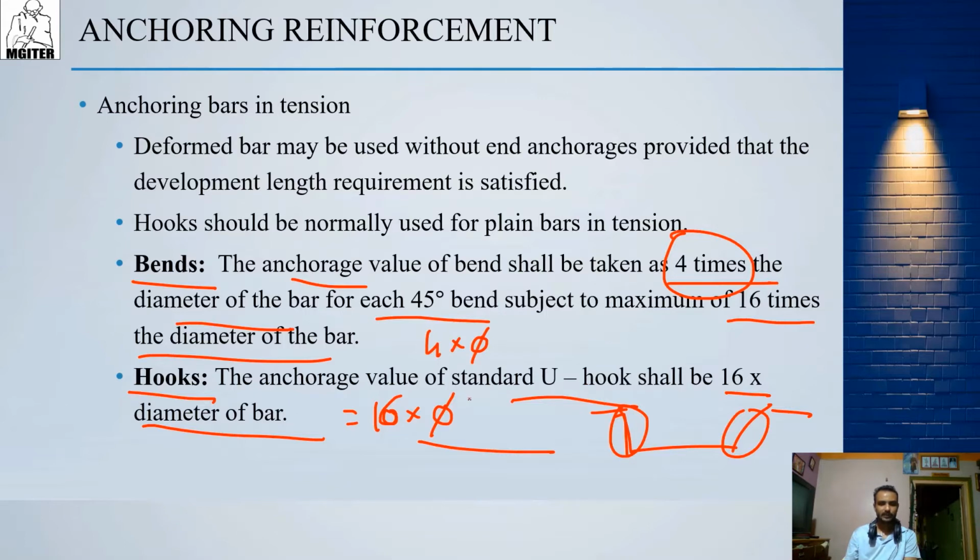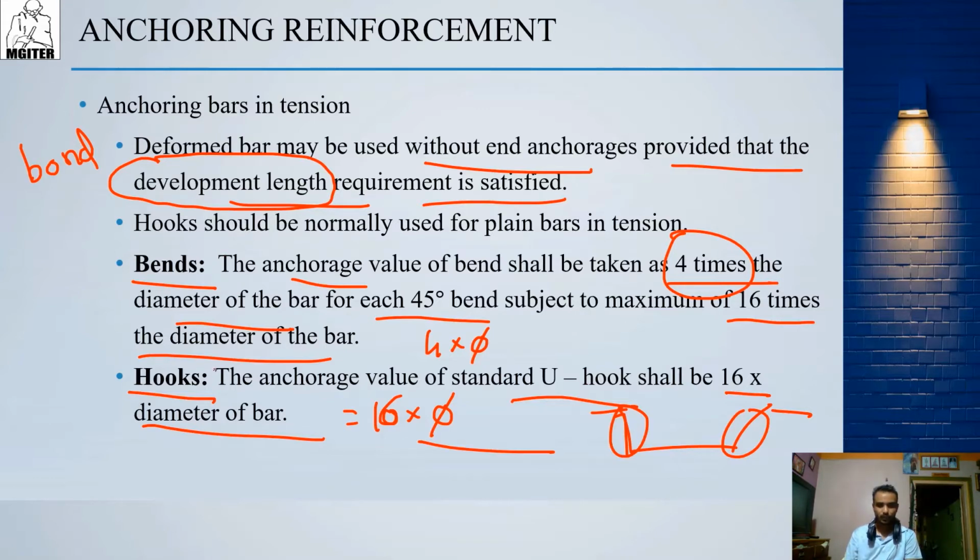This is called anchorage length. So why do we provide an anchorage length? Deformed bar may be used without an anchorage, provided the development length required is satisfied. Means by anchoring we can satisfy the development length. By the development length we can increase the bond between concrete and reinforcement.